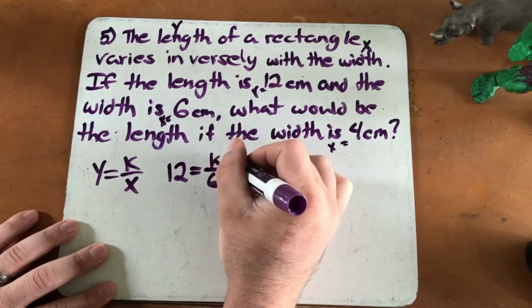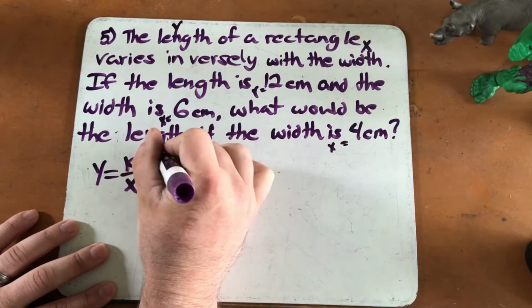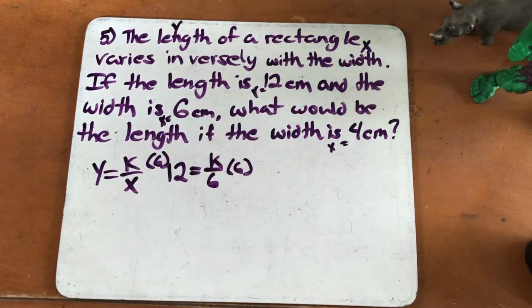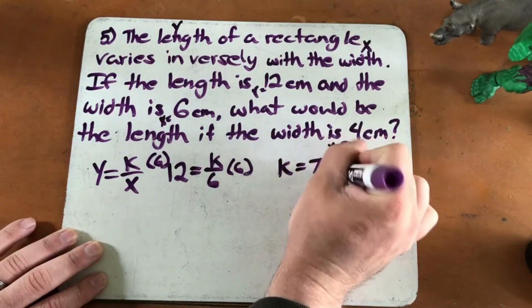To solve this, I'm gonna multiply both sides by 6. When I multiply both sides by 6, that gives me 72. So K equals 72.